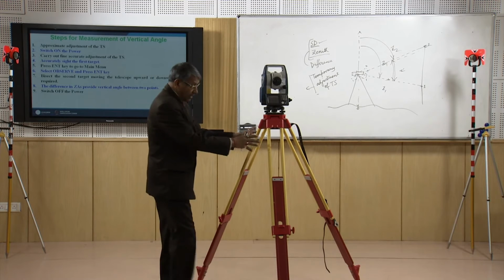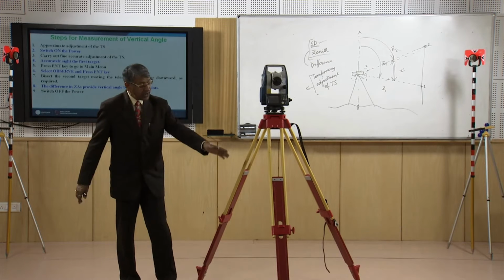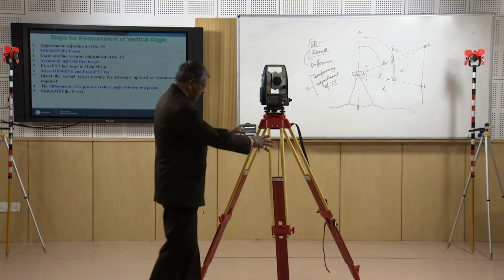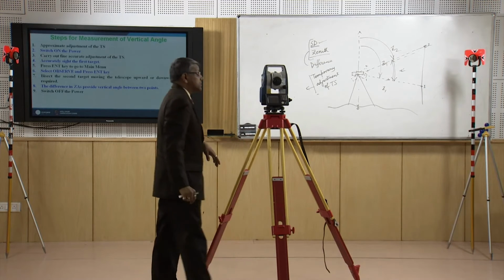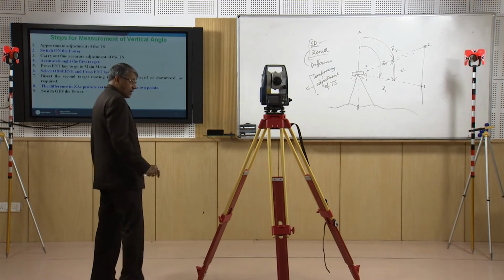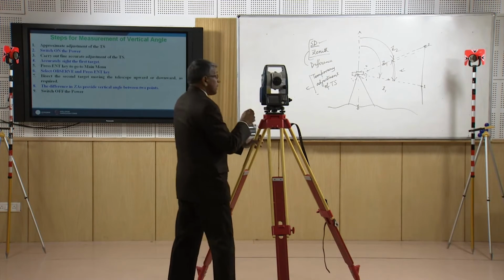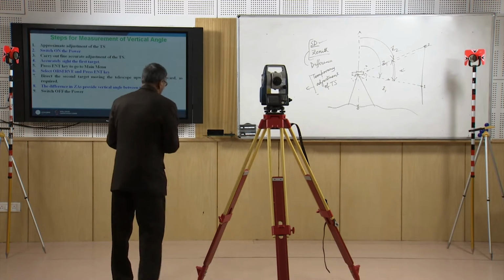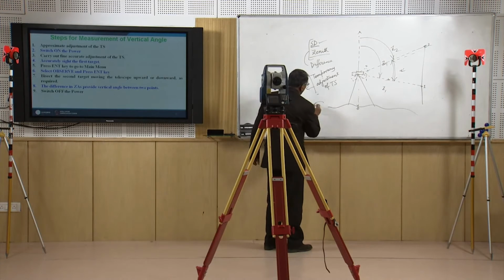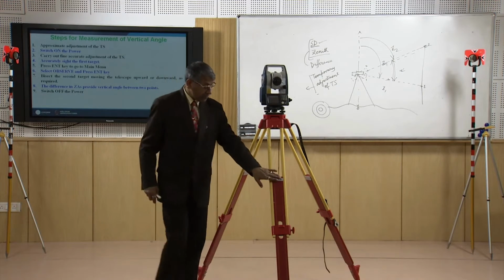In order to do that, first the tripod legs should be well spread as it is shown here, then the foot screw should be kept in the middle before you fix it to the tripod head, and then we have to adjust these legs to bring our circular bubble to the middle. There is a circular level, as I already told, and the bubble should be placed inside it using the tripod legs.